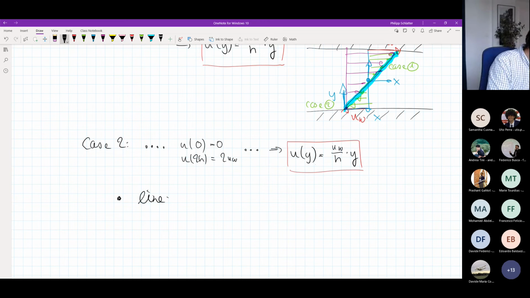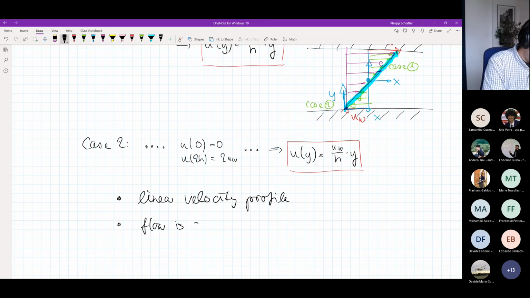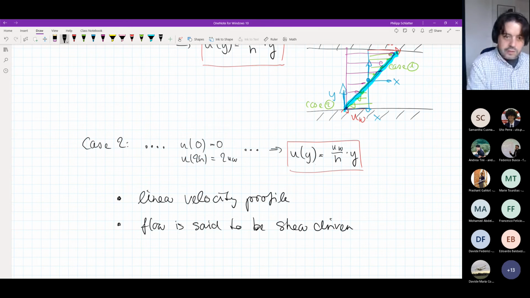So we have a linear velocity profile. Now, if I just summarize the other points that I mentioned now a few times, namely that this particular flow is said to be shear driven as opposed to pressure driven, as we will see later on.